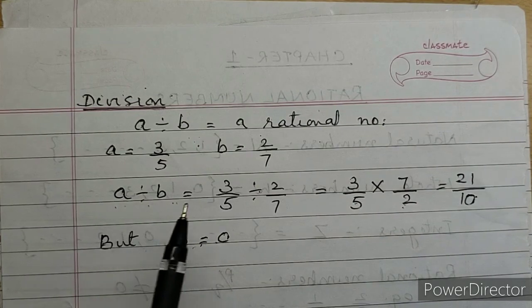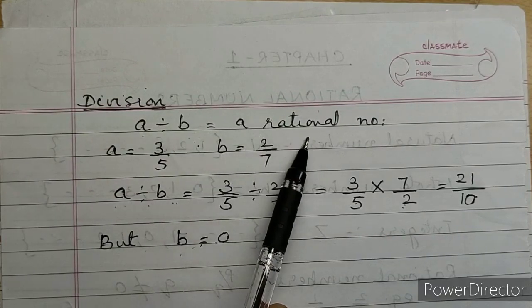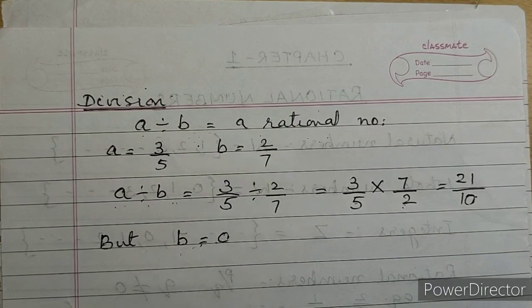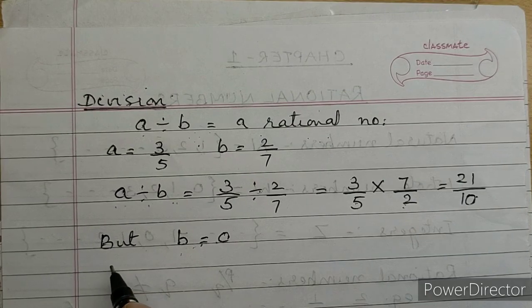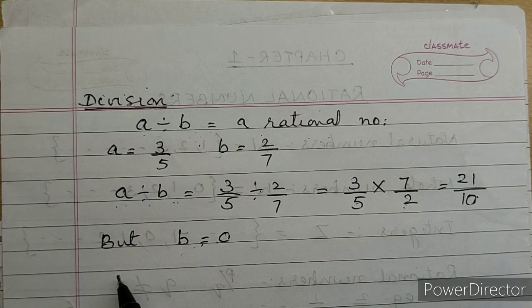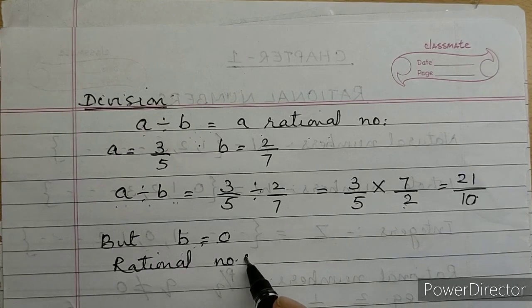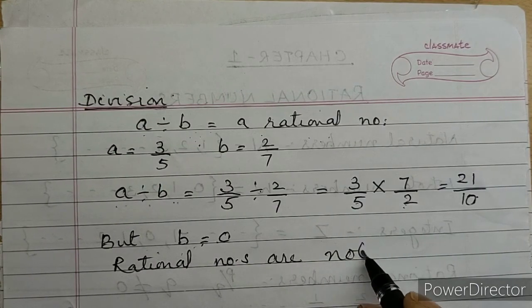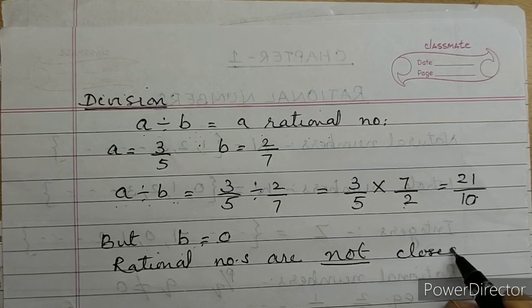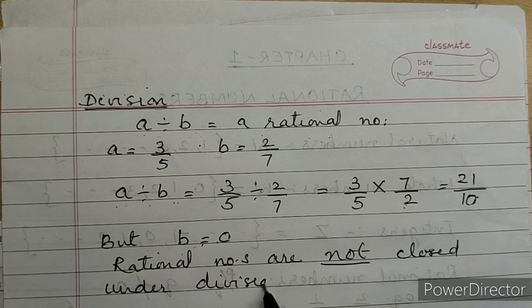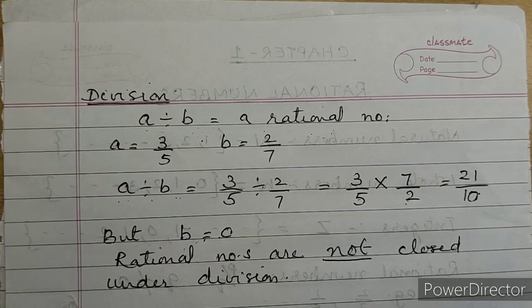If any one number A divided by B is not a rational number, then we have to conclude that division is not satisfied here for closure property, or you can say that rational numbers are not closed under division. So the closure property is satisfied for addition, subtraction, multiplication, but not division.